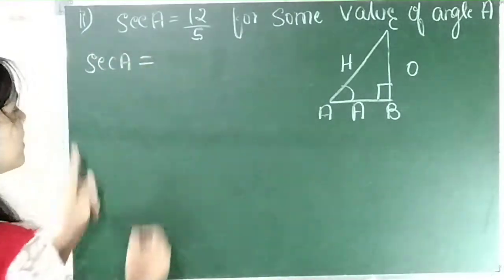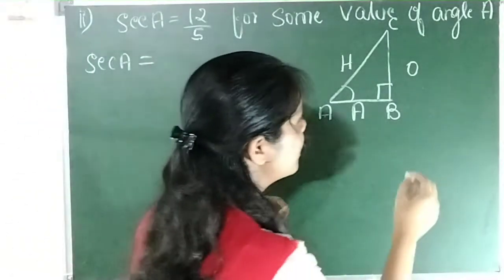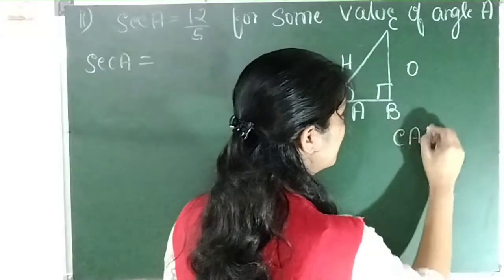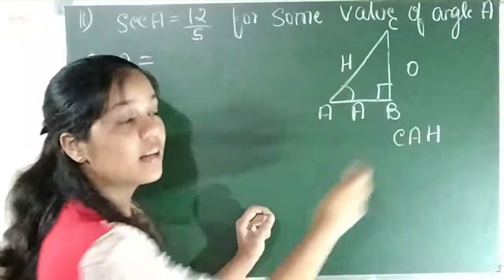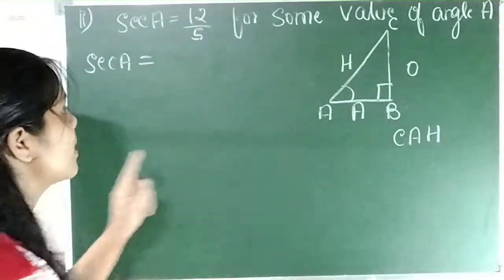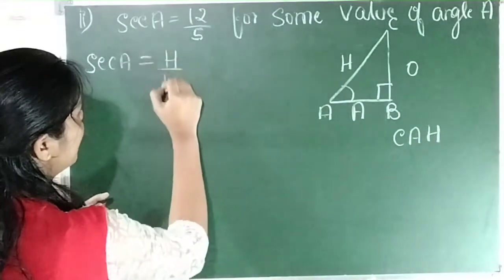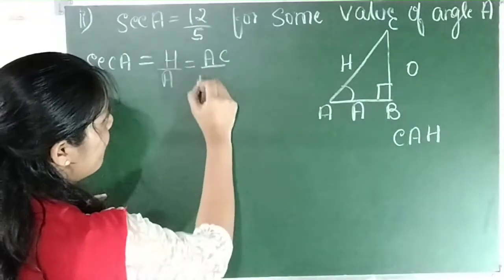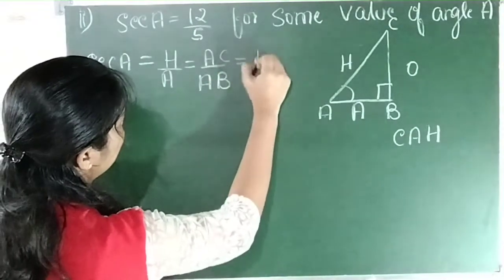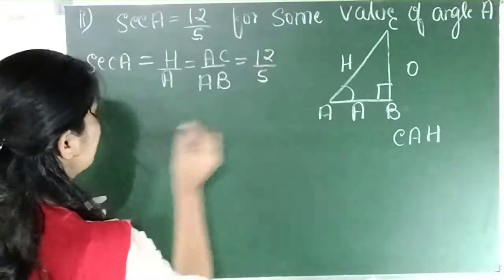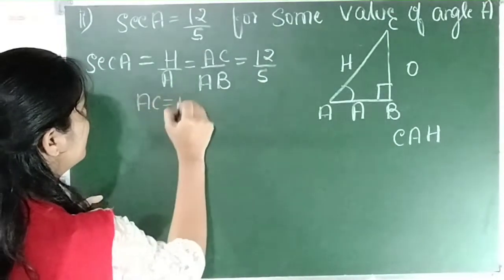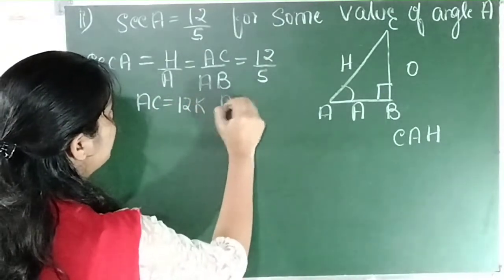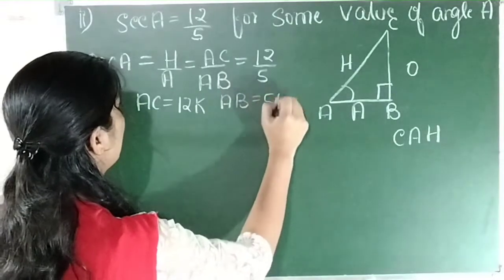First find what is secant A. Secant is the reciprocal of cos. Cos is adjacent by hypotenuse. Secant is hypotenuse divided by adjacent. Hypotenuse is AC divided by adjacent is AB, that is equal to 12 by 5. So this implies AC is equal to 12K, AB is equal to 5K.